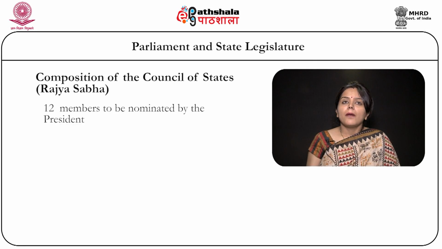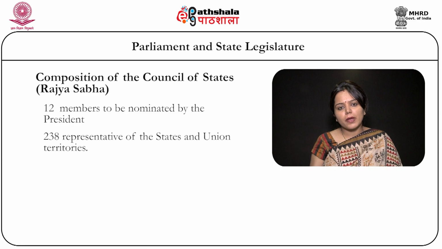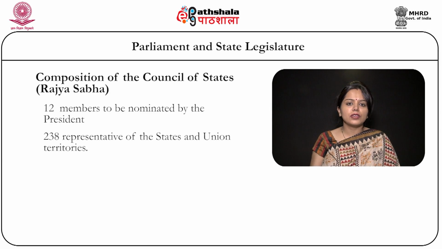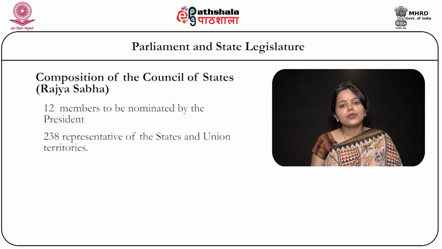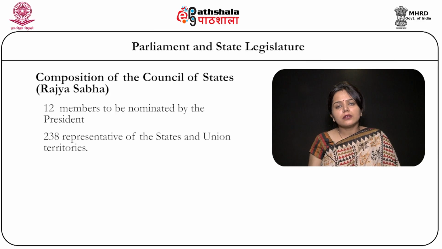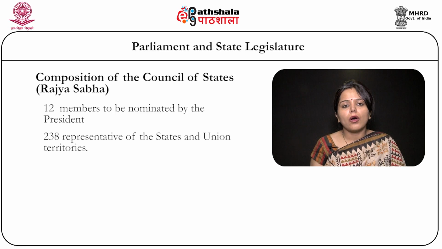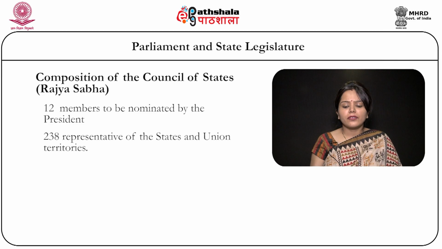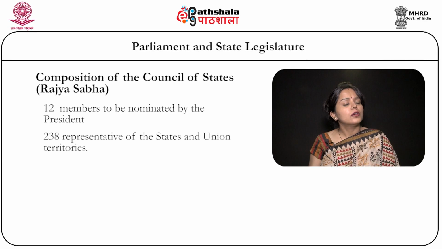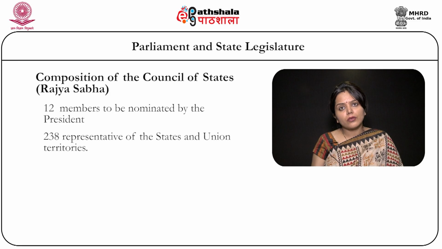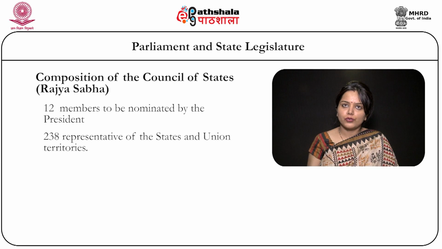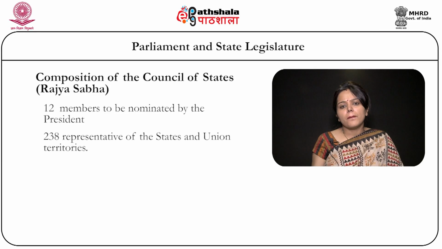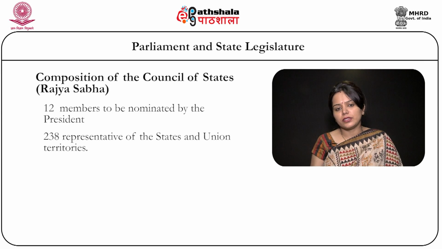Then maximum 238 members who are the representatives of the states and union territories in the Council of State or Rajya Sabha. So, we can say the maximum number of members in the Council of State is 250, 238 plus 12, 250, that is by the president and by the states and UTs.